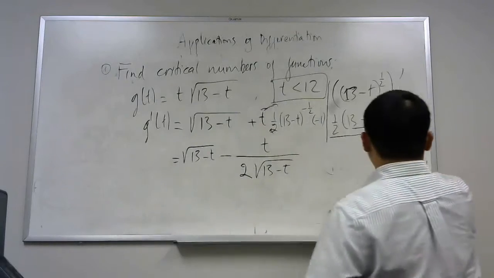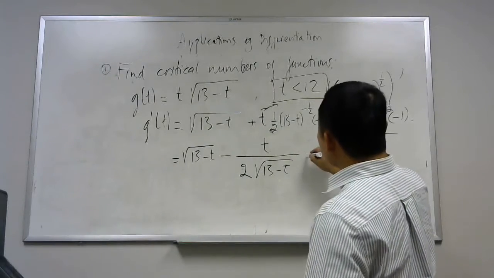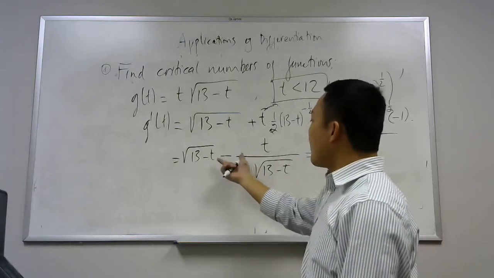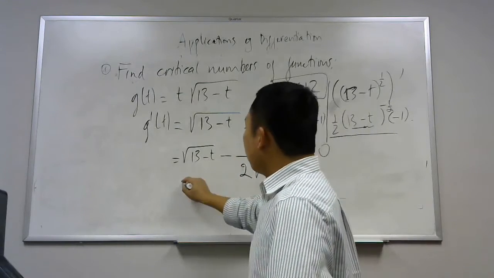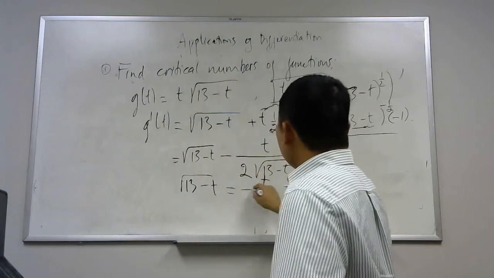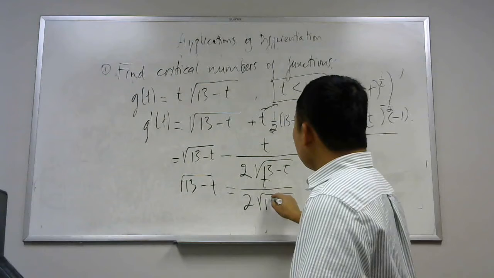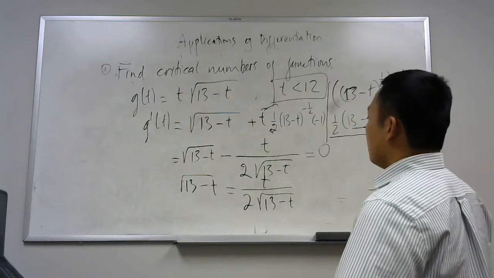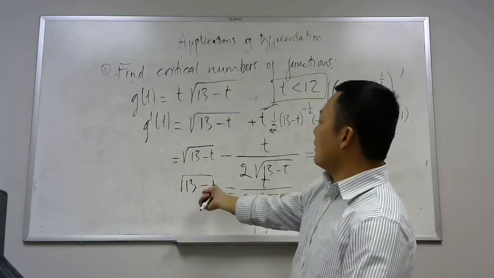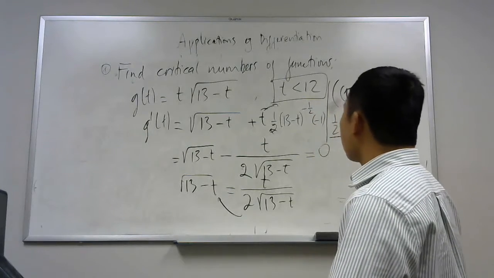Let's say now I will set it equal to 0. You see, a minus b equal to 0 means a equal to b. So I have 13 minus t equal to t over 2 times the square root of 13 minus t. And now I use cross multiplication. I bring this to the left hand side.